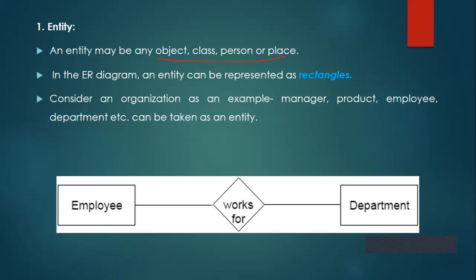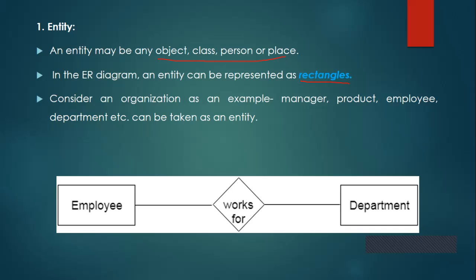Employee works for a department. This employee and department are nothing but entities. That's why you represent an entity as a rectangle. So here you have employee and department represented in rectangular form. Now, works for is the relationship between employee and department.